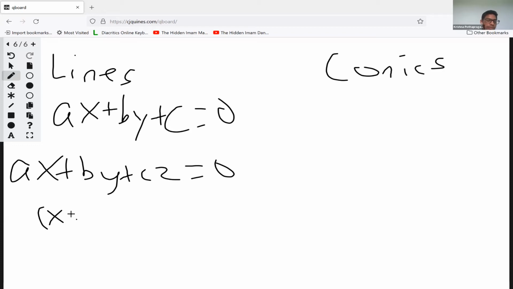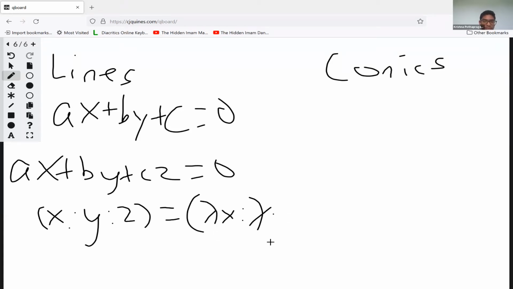In this equation of a line, if in our real projective coordinate system there's a point x, y, z on this line, then lambda x, lambda y, lambda z is also on this line, which is what we expect.